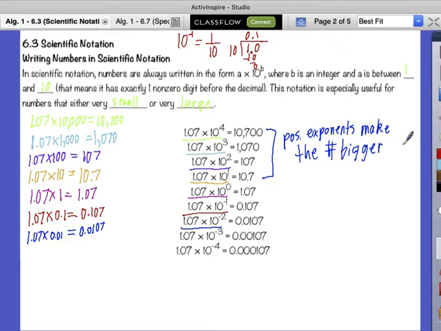What do we think negative exponents do then? Make them smaller. Negative exponents make the number smaller.